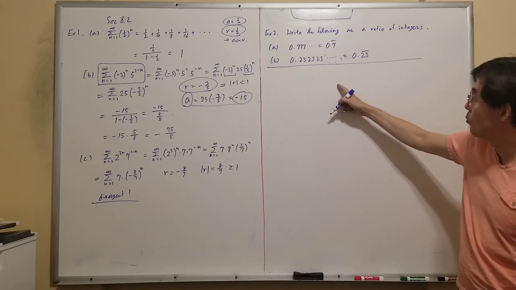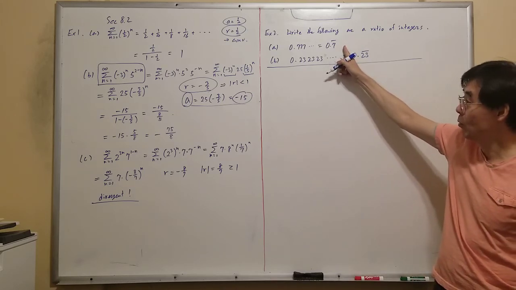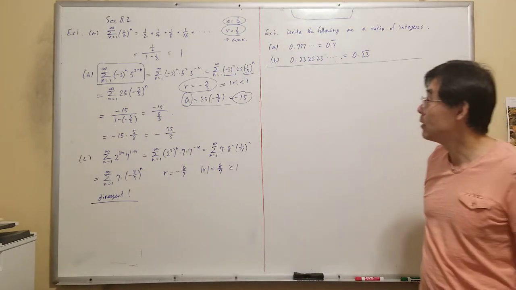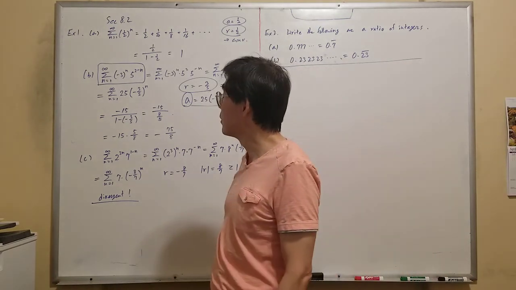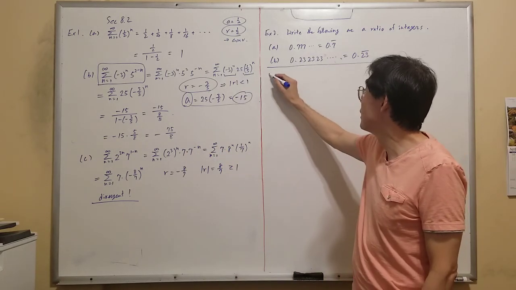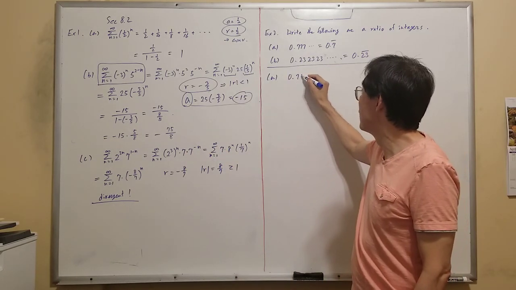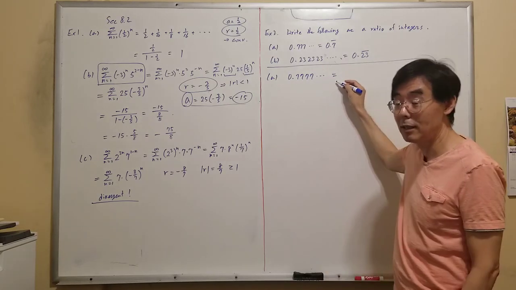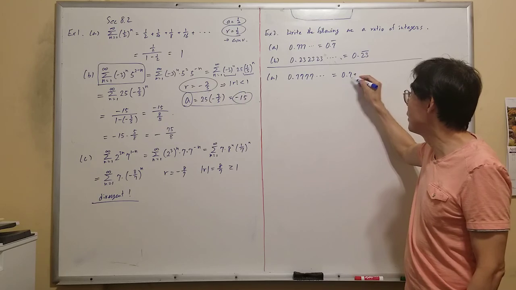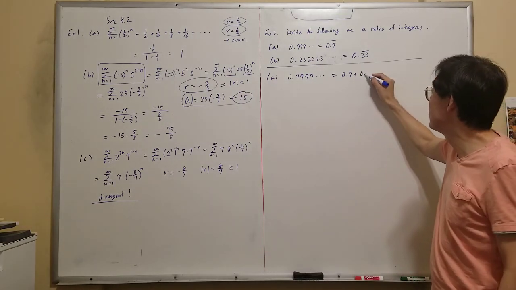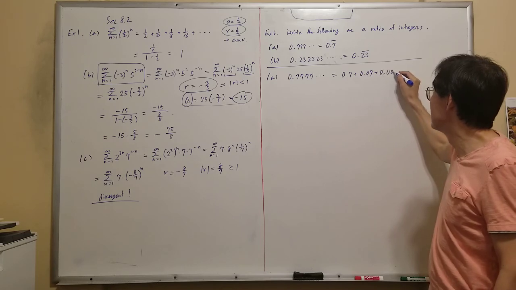Why suddenly do we have this out of nowhere in the middle of coverage of infinite series, unless infinite geometric series? It's because I can write this one like this, 0.7. This one can be considered as a sum of a series.